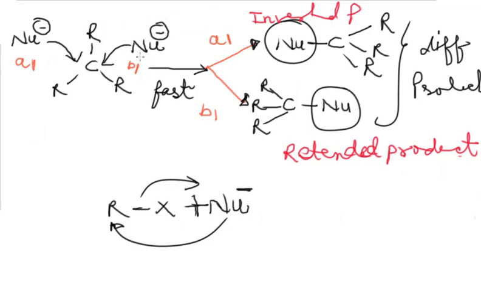But the addition of the nucleophile is the fast step, because it involves the attack of a positive and a negative entity. So the first step becomes the rate determining step.